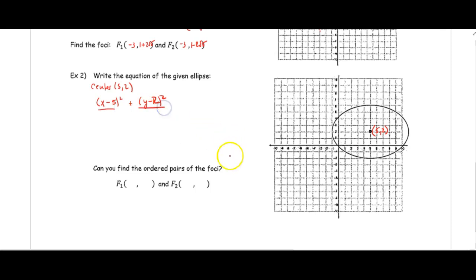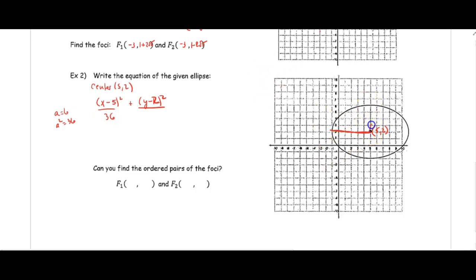But we have to figure out a and b. Since it opens up horizontally, I know a is going to be under x. And what is this distance here? 1, 2, 3, 4, 5, 6. So if a is 6, a squared is 36. So that would go under there.